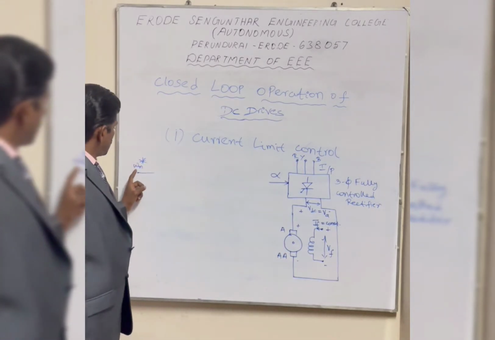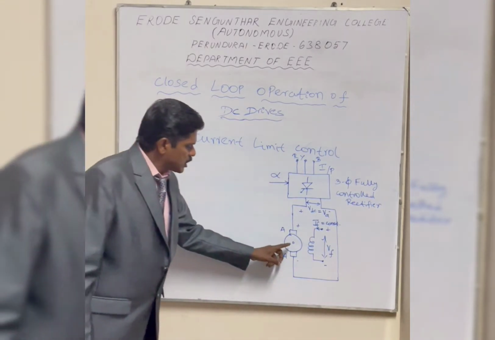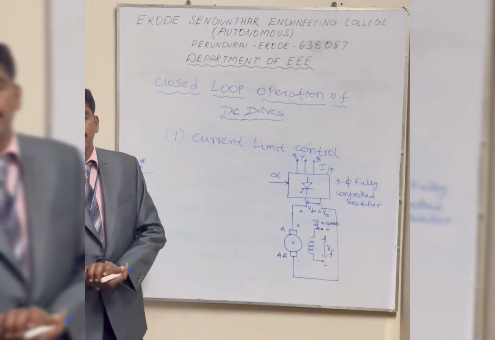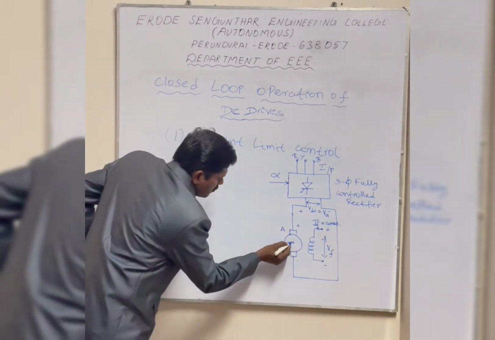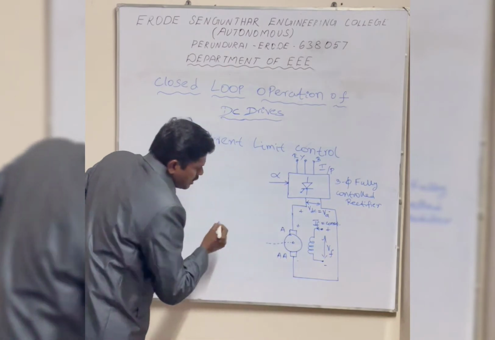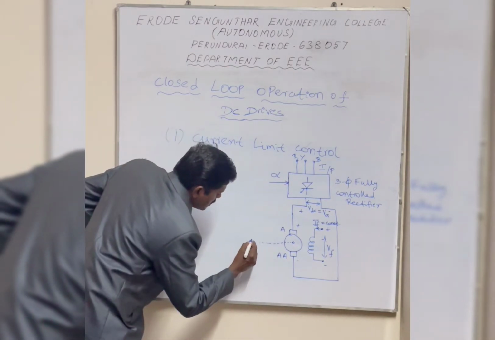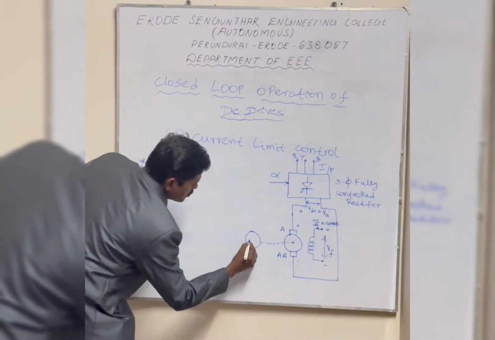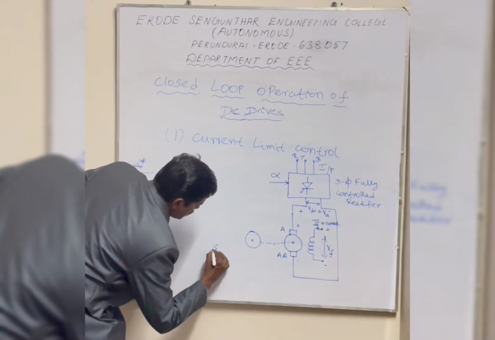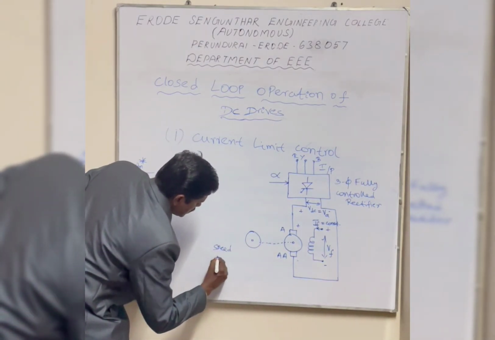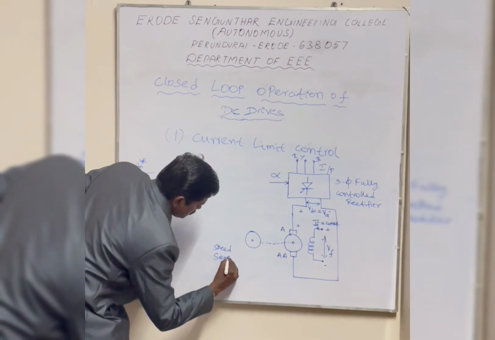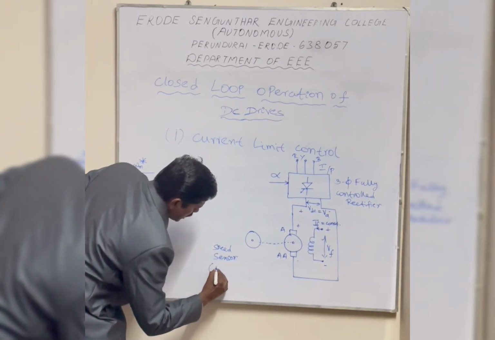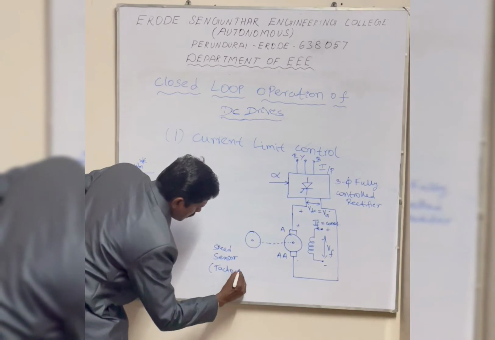This required speed is compared with the actual speed, so we need the actual speed. The actual speed is measured by a speed sensor, which is called a tacho generator.